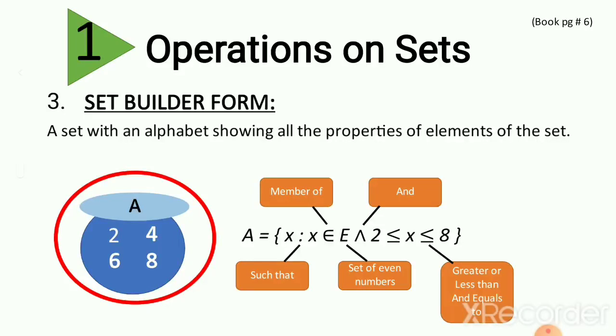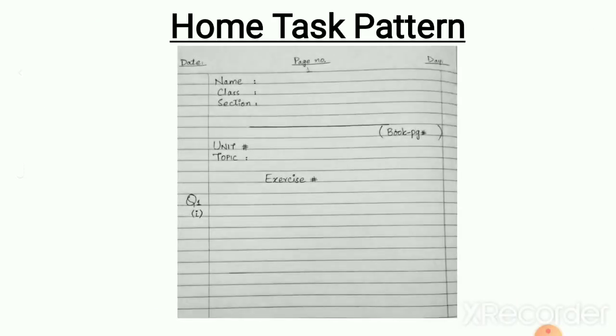At the end, let me tell you about your home task pattern. So here I have prepared for you a home task pattern. First of all, you have to draw the margin lines here and then mention the date on the top of the page and the day, then your serial number, then mention the name, class and section, then draw a margin line here below the section.